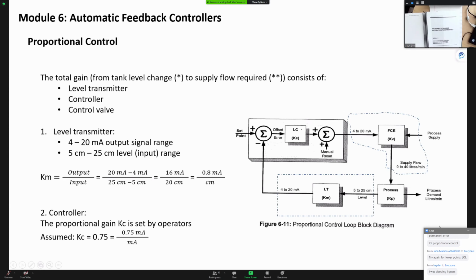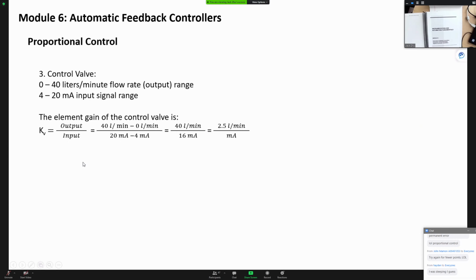This is a mathematical function you don't need to worry about. They try to come up with the total gain for this process. They calculate it as 2.5 liters per minute per milliamp. That's the control signal you're going to send out.